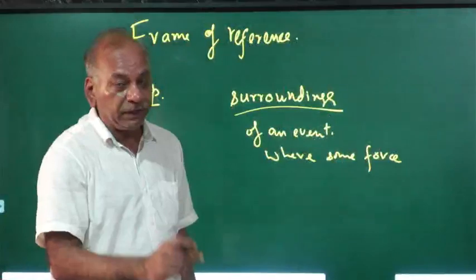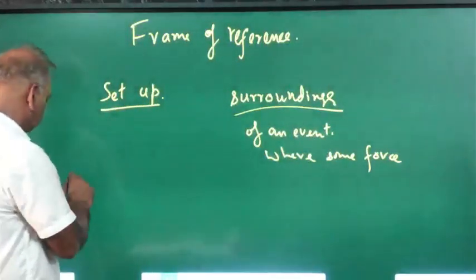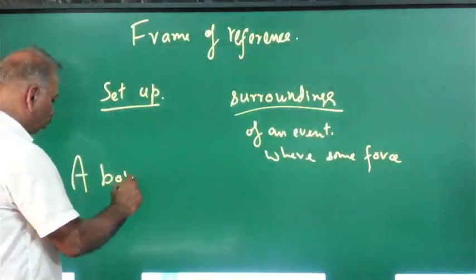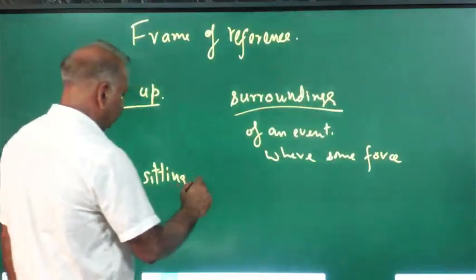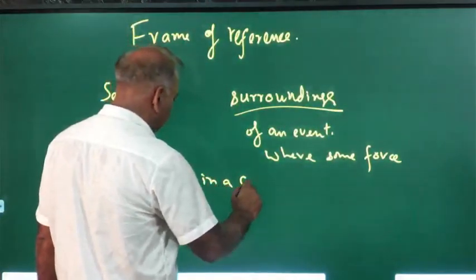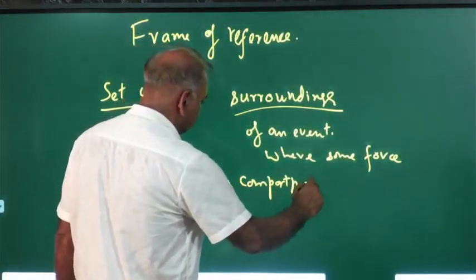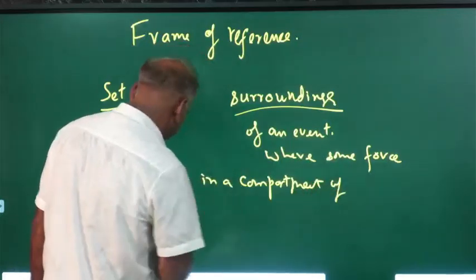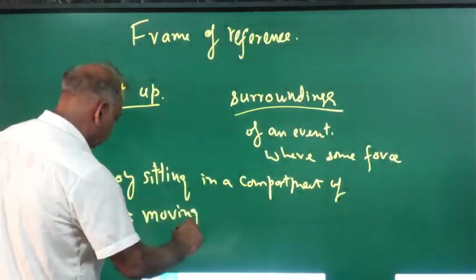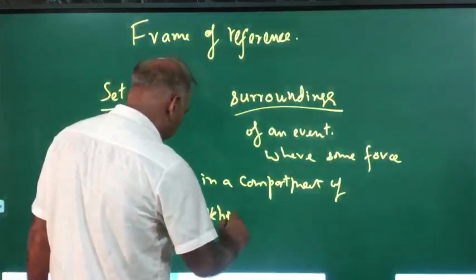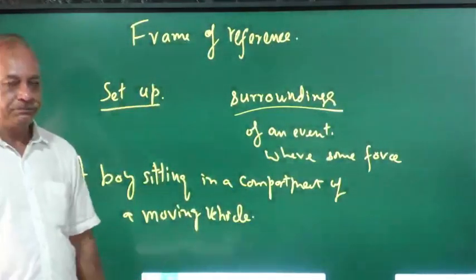A very commonly used example is a boy sitting in a compartment of a moving vehicle, say a train.